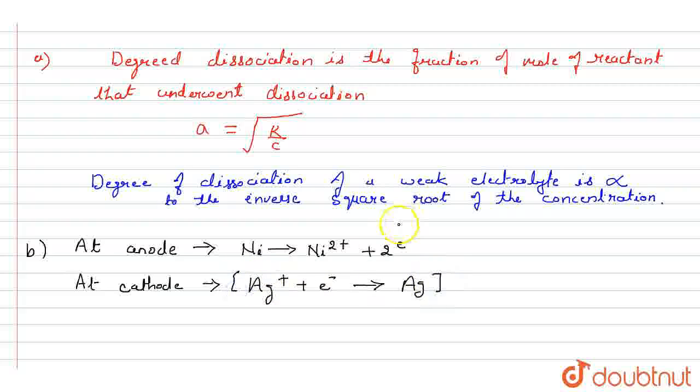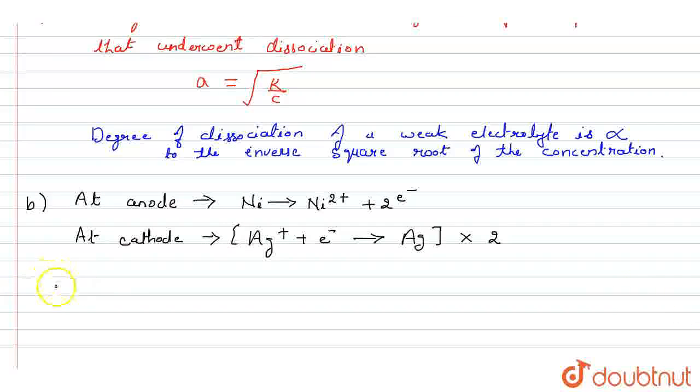As 2 electrons are produced, we have to multiply the silver equation by 2. Now the cell reaction becomes Ni plus 2Ag+ gives Ni2+ plus 2Ag.